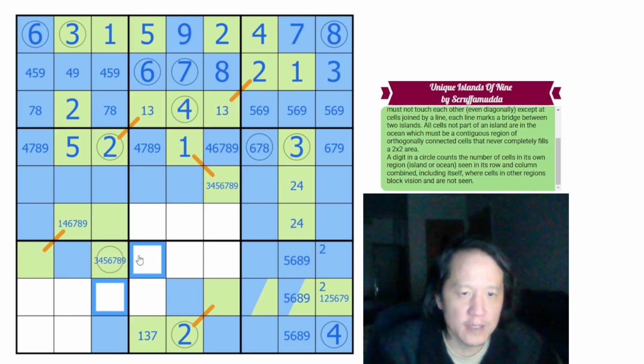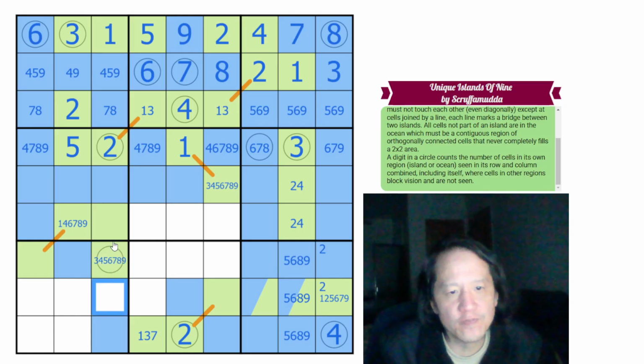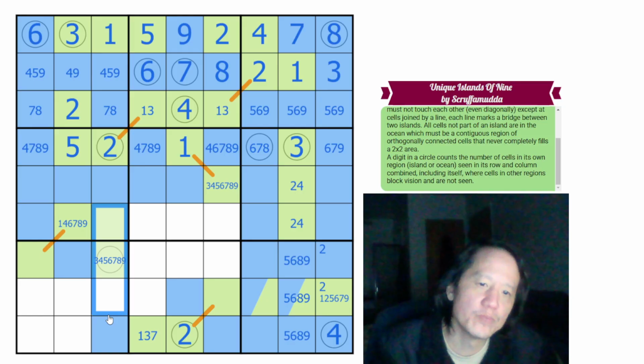This must see at least 3 and could see 4. The problem is, could it be, okay, so 1, 3. So this could never be 1. If this sees this way, that wouldn't work. Because then this would be, at minimum, 3, 4, and 5, which adds up to 12. It cannot be that way.